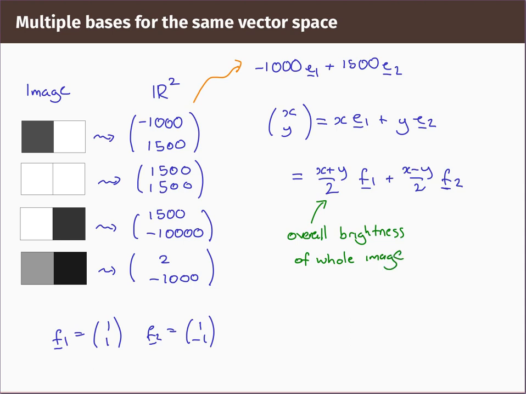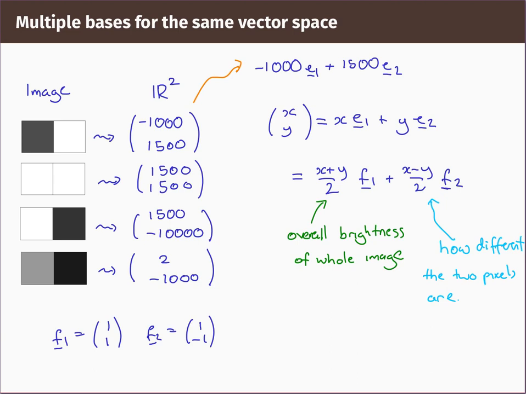And the second one also has a meaning. (x minus y)/2 is how different the 2 pixels are. Or rather, to be more precise, it tells you how much brighter the first pixel is than the second pixel.